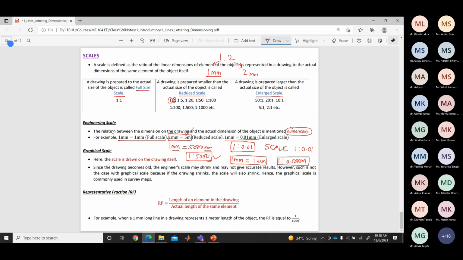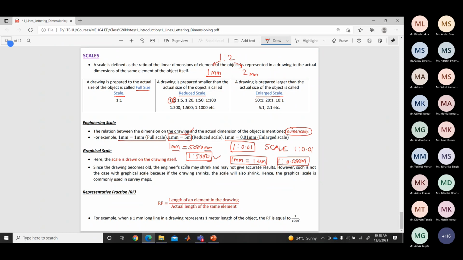Now, what will happen if we keep the drawing for years? Due to the property of the drawing paper, the drawing paper shrinks. When the drawing becomes old, the engineering scale will shrink.